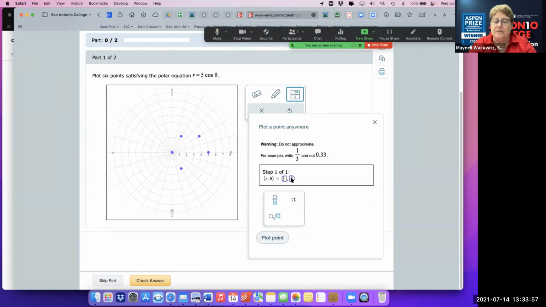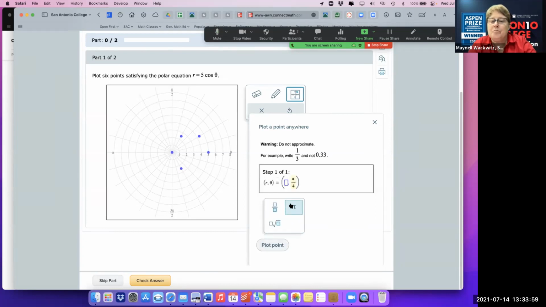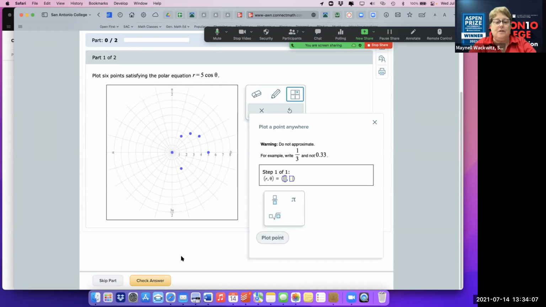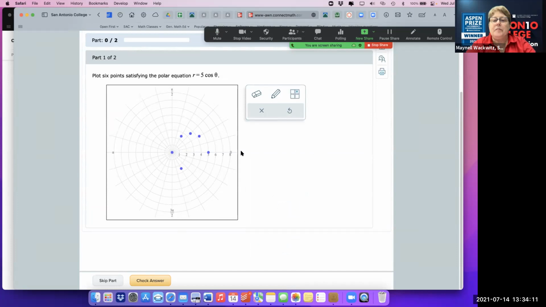And do pi over 4, that'll be 5 times the square root of 2 over 2. Okay, let's see if it'll let me go back. So I got 6 points finally.